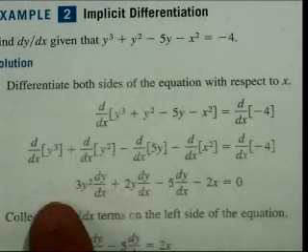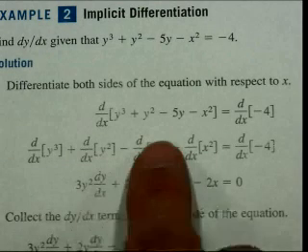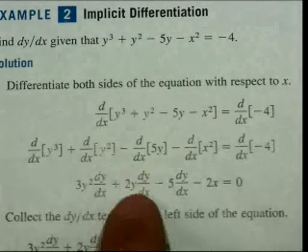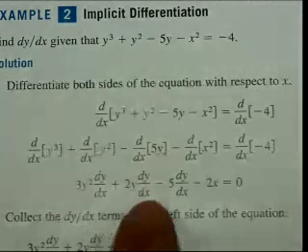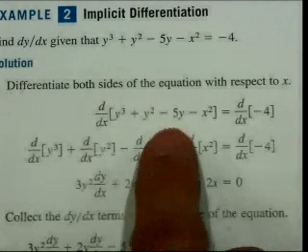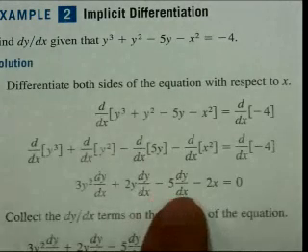It's just like 3y squared derivative of the ugly. The derivative of y squared is 2y times the derivative of y. The derivative of negative 5y is just negative 5 times the derivative of y.